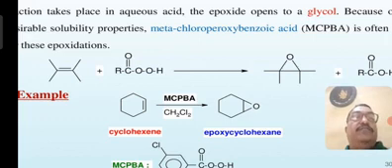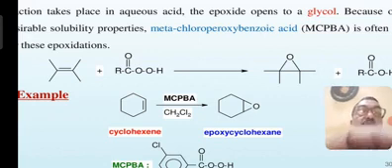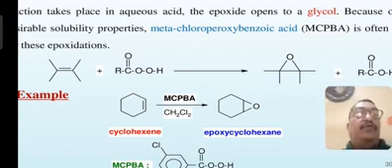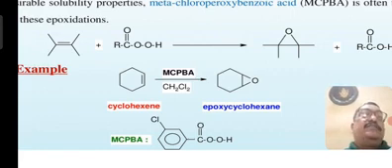Similarly, cyclohexene, when treated with metachloroperoxybenzoic acid. Okay, so you can see what that metachloroperoxybenzoic acid is: C6H5 with a chlorine at the meta position, and COOOH, that is a peroxy acid.